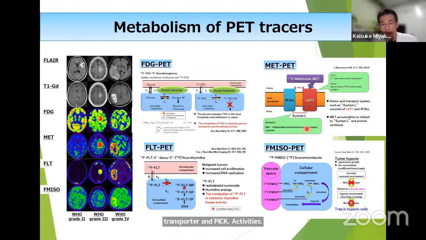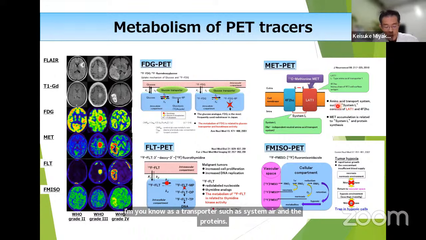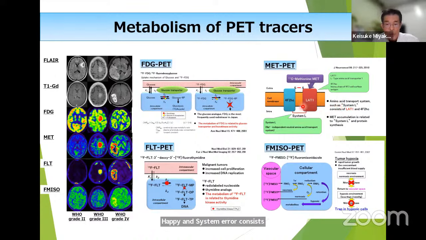A second type is methionine, an amino acid tracer. We usually use methionine PET tracers, so I will explain them. In gliomas, amino acid transporters such as system L and protein synthesis have been enhanced. System L consists of LAT1 and 4F2hc.